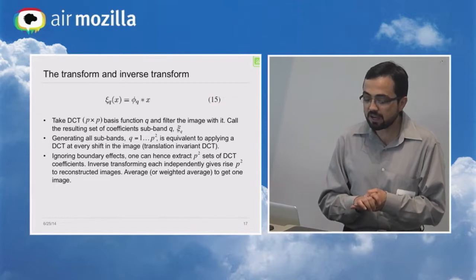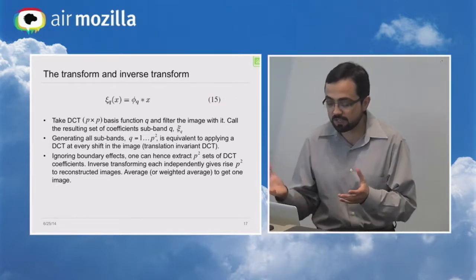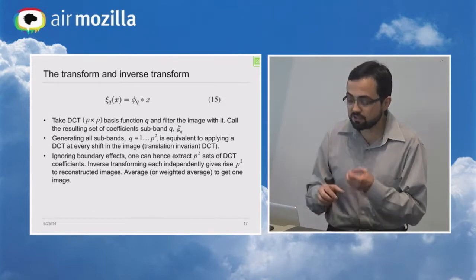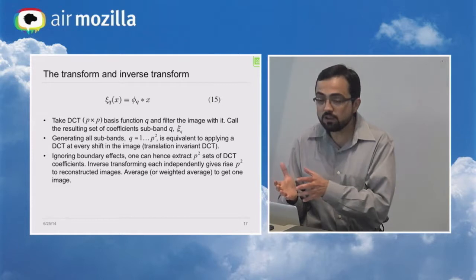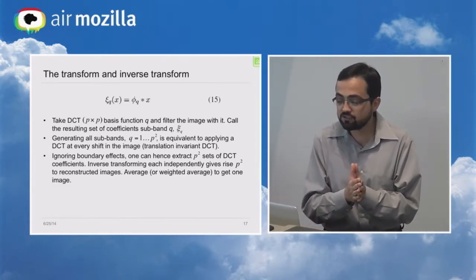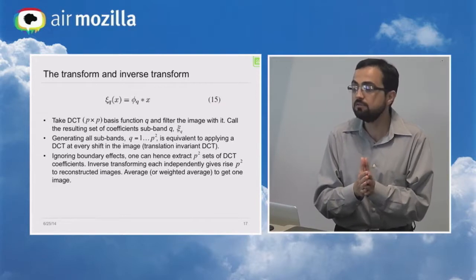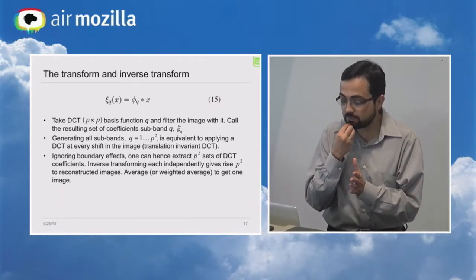So you, in effect, have generated p squared different transforms of the image, each one with a slightly shifted DCT. The way you have generated these things, there's a well-defined way of generating an inverse transform, even though it's an expansive transform, what's called an overcomplete transform.